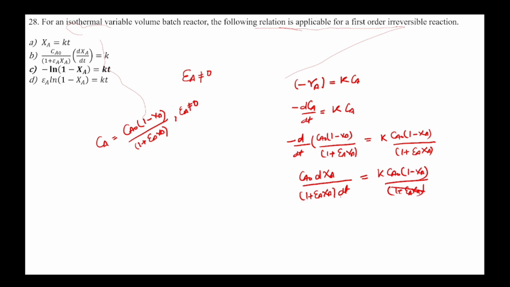So this term cancels out, CA naught and CA naught will cancel out. So dXA upon (1 minus XA) is equal to k dt. When you solve this, you will get this.